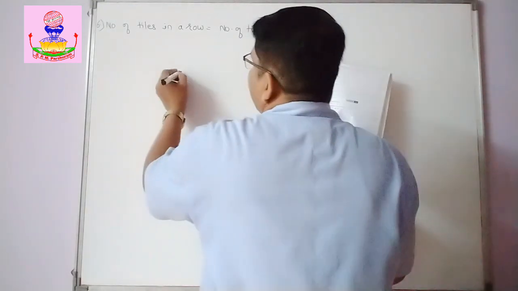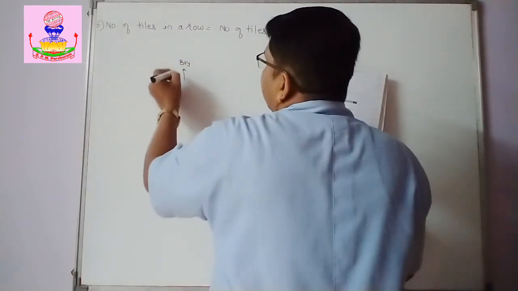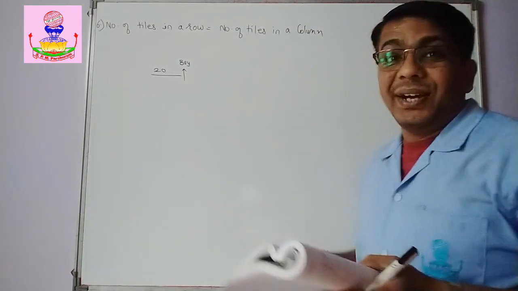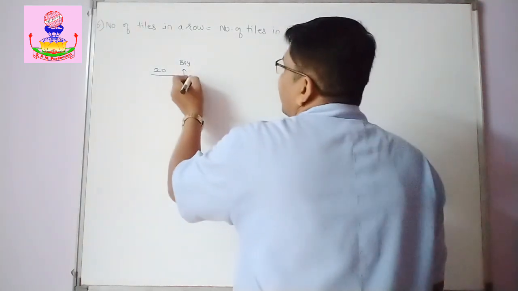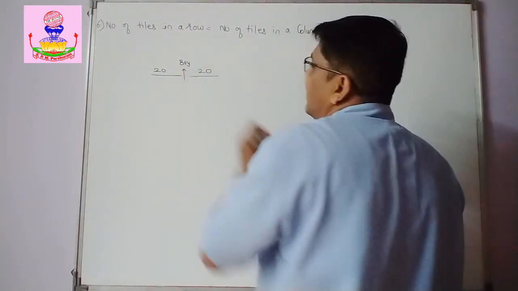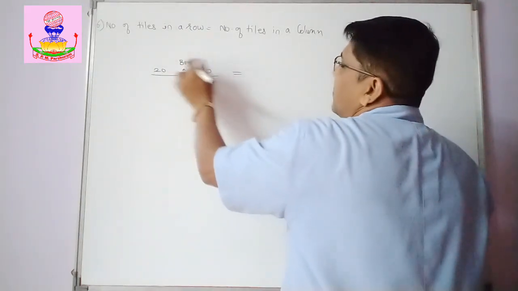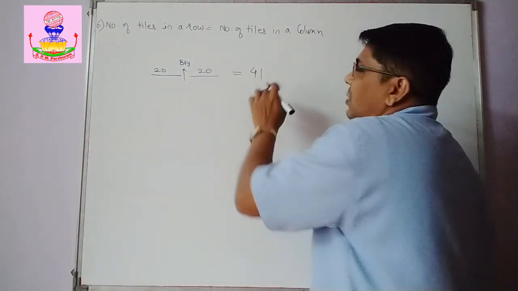Now the boy is standing exactly in the middle. So this is the boy. Okay, and there are 20 tiles ahead of him. Now he is in the middle, 20 tiles ahead of him, so definitely there are 20 tiles behind him. So total number of tiles, 20 plus 20, 40. 40 plus 1, 41.